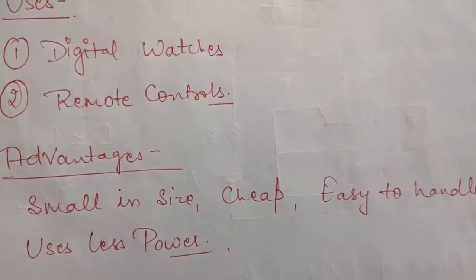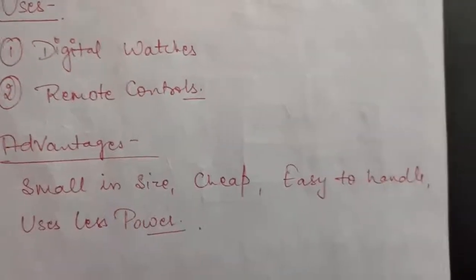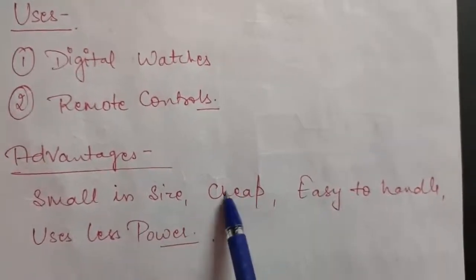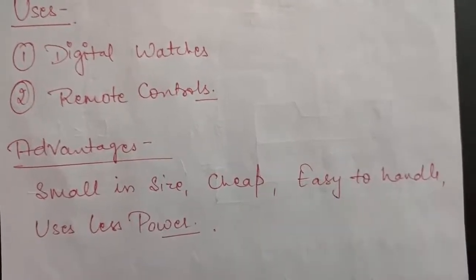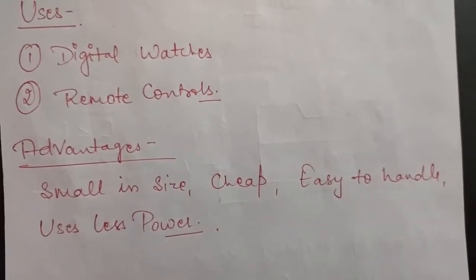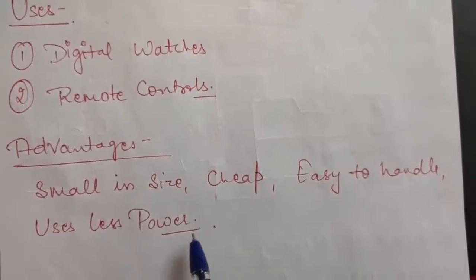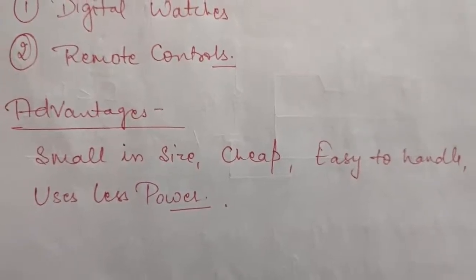Now LEDs have a lot of advantages over normal lamps. For example, LEDs are very small in size, their cost is very low, that is, they are very cheap, they are easy to handle, obviously because of their small size they can be easily handled, and they use very less power. Okay, so these were the advantages and uses of LEDs.